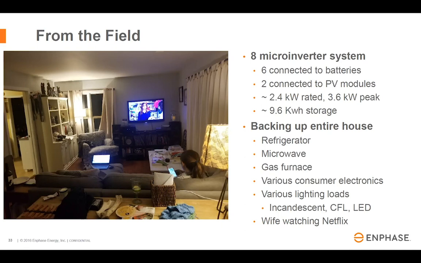So the idea is that we create this band of operation around 60 hertz where we're running very high speed, destabilizing behavior. As soon as you exceed that dead band, we go back to our high-speed droop control. So in the event we form an unintentional island, we quickly go to either the plus or minus side of that rail. If we're currently producing more power than our loads, we go up to high voltage and frequency. If our loads are consuming more power than we're currently generating, we drop to low voltage and frequency.